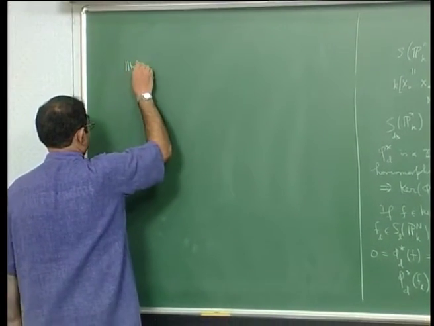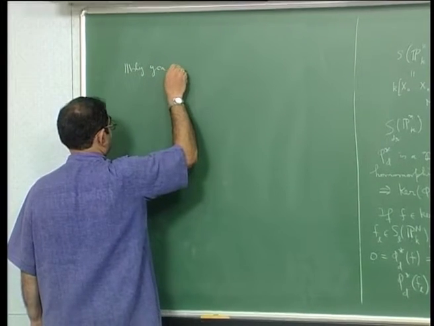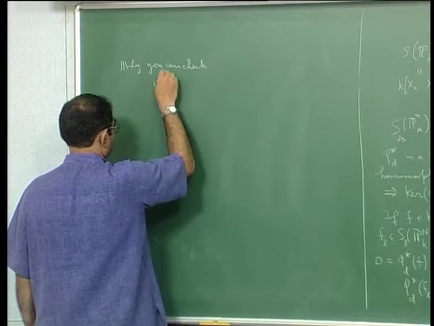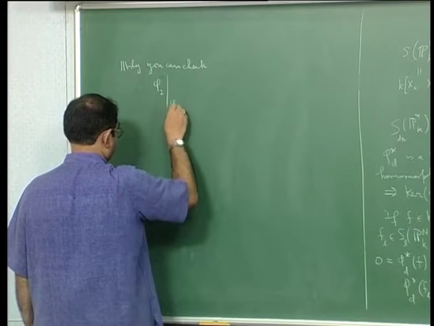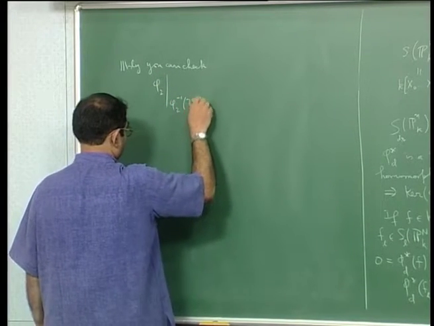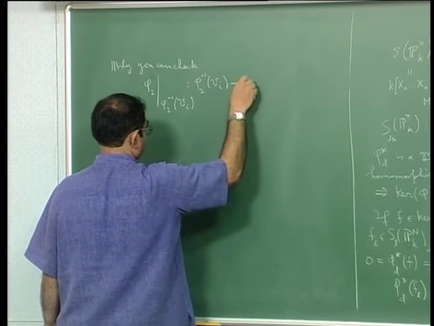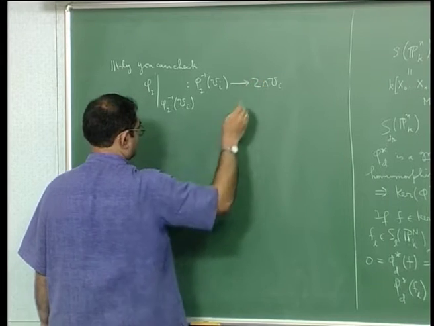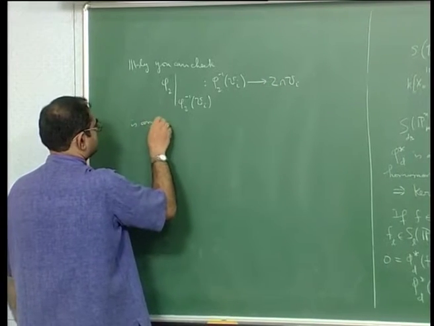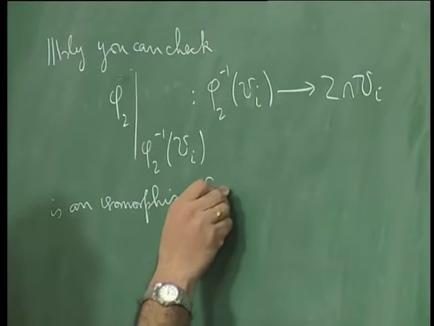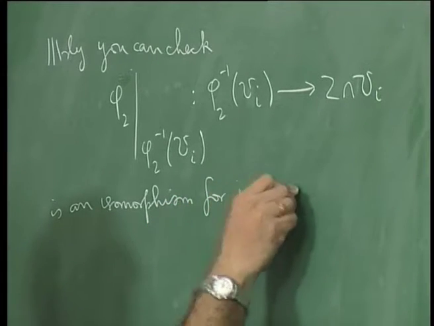Similarly, you can check that phi2 restricted to phi2 inverse of ui, from phi2 inverse of ui to Z intersection ui, is an isomorphism for i equal to 1, 2.